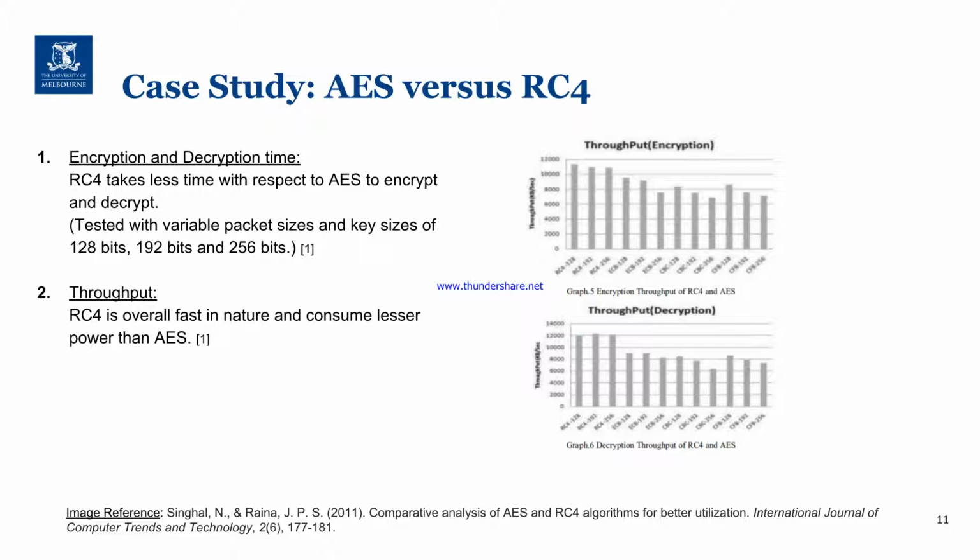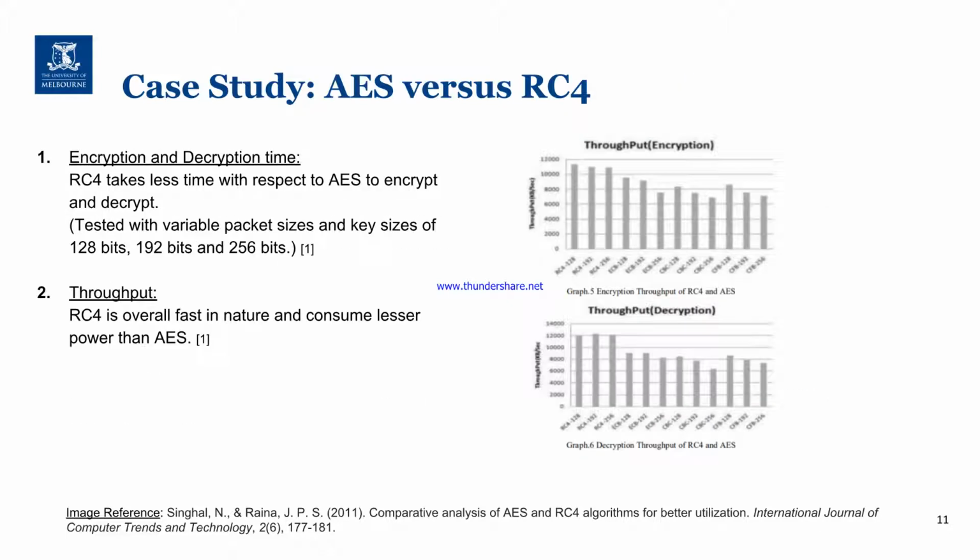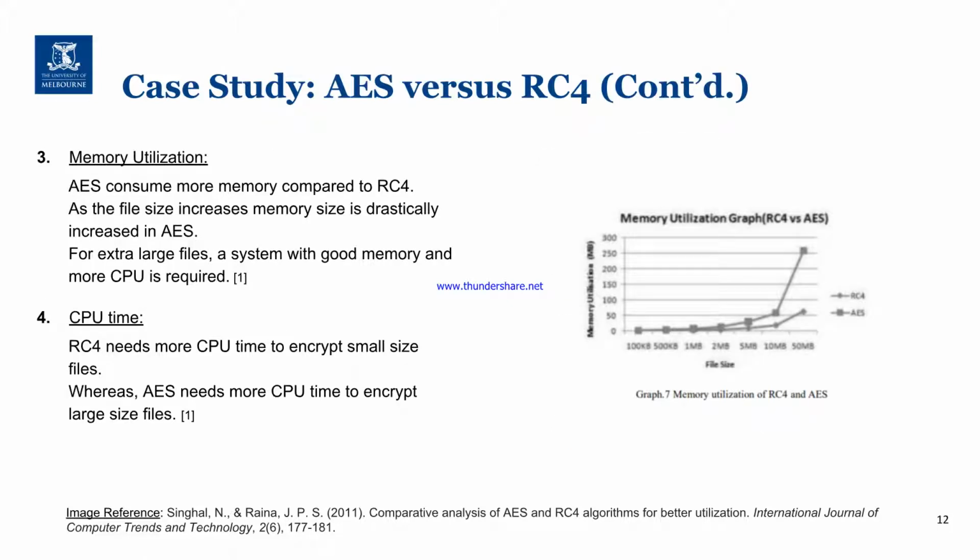Again, we could conclude that because of the small data chunk size of RC4 compared to AES, it could take less time and give higher throughput. Then in terms of memory utilization, AES consumed more memory for larger files as shown in the graph, and again for the same reason.